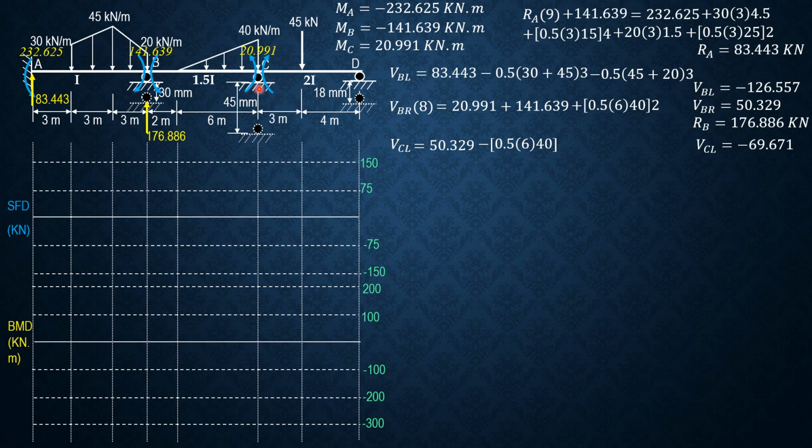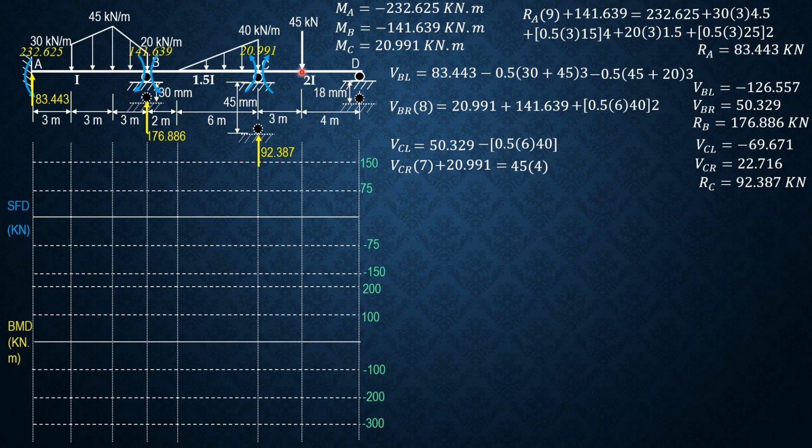So upward positive, shear just to the right of C times 7, then plus 20.991 equals 45 times 4. So shear just to the right of C is equal to 22.716 kilonewtons. Therefore, reaction at C, 22.716 plus 69.671, is 92.387 kilonewtons as shown.